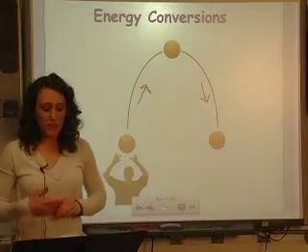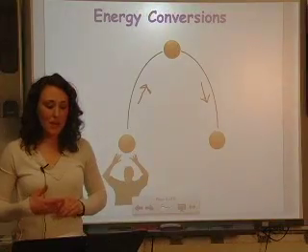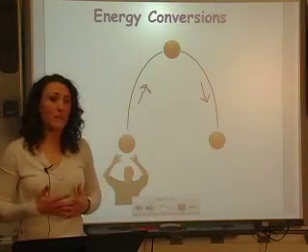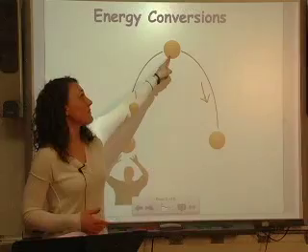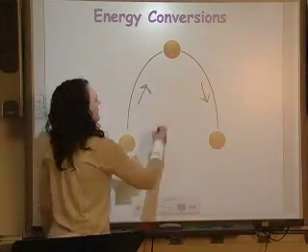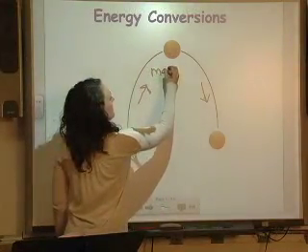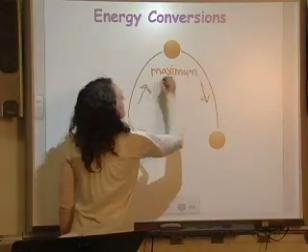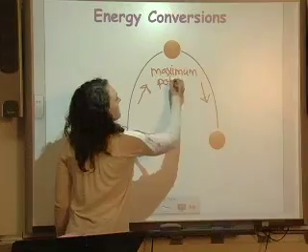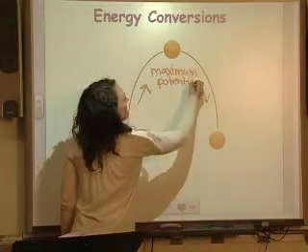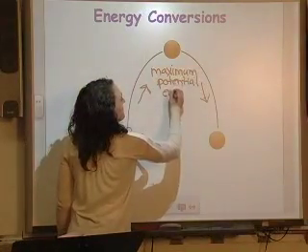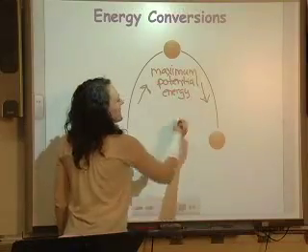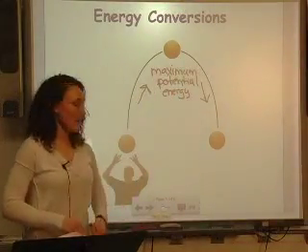Maximum potential energy is reached when an object is at its highest point of stored energy. So this position. That is maximum potential energy.